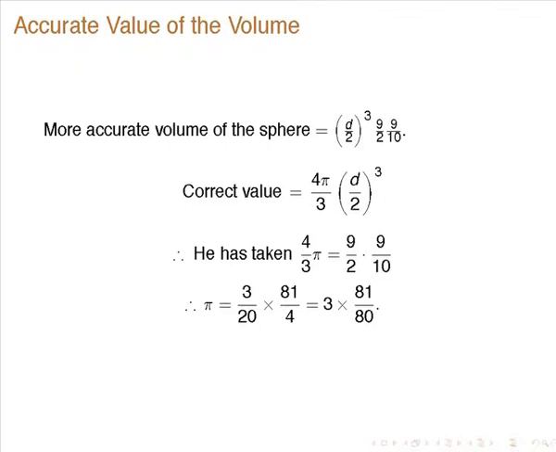So if you equate these, you will get 4 pi by 3 is equal to 9 by 2 into 9 by 10. So essentially it is equivalent to, if you assume that he has taken the circumference by diameter, the pi, to be this 3 into 81 by 80. So at least it is better than 3.